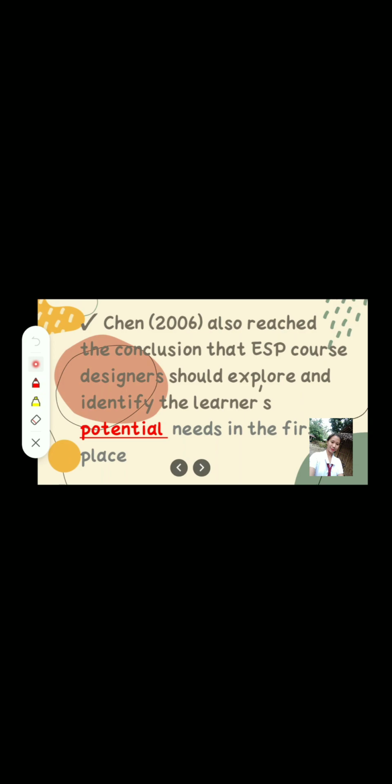It means, except for addressing the needs of the learners, we must go beyond, like explore, conclude, and identify what learners could possibly attain more. As a course designer, you must search thoroughly because it can result in bringing out the learner's potential, like the highlighted part in this presentation. So, next slide.